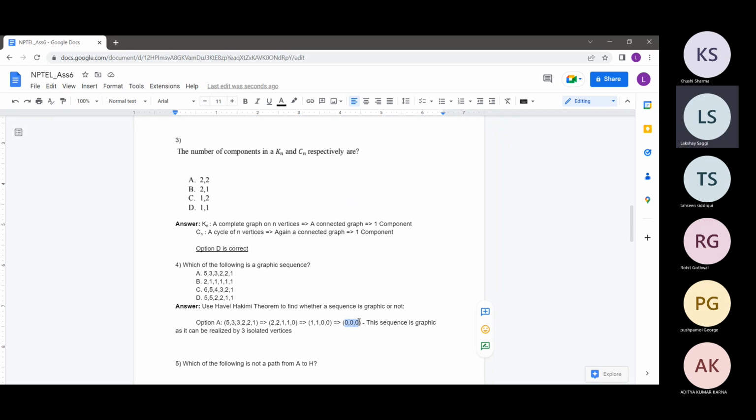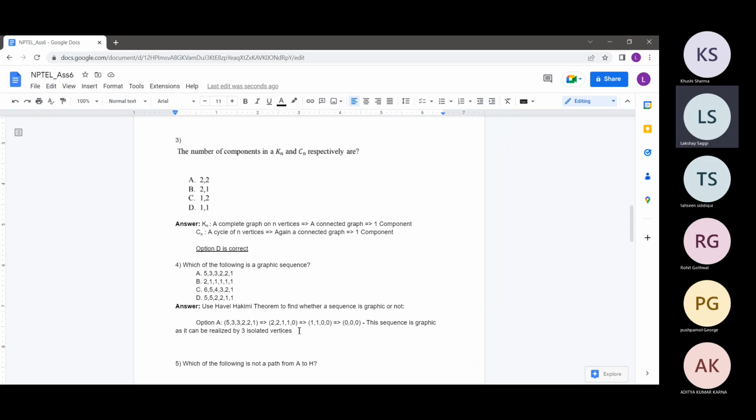And it can be easily seen that this is graphic, because there is a graph of 3 vertices where the degree of all 3 vertices is 0. This can happen when there are 3 vertices in the graph and no edge in the graph.